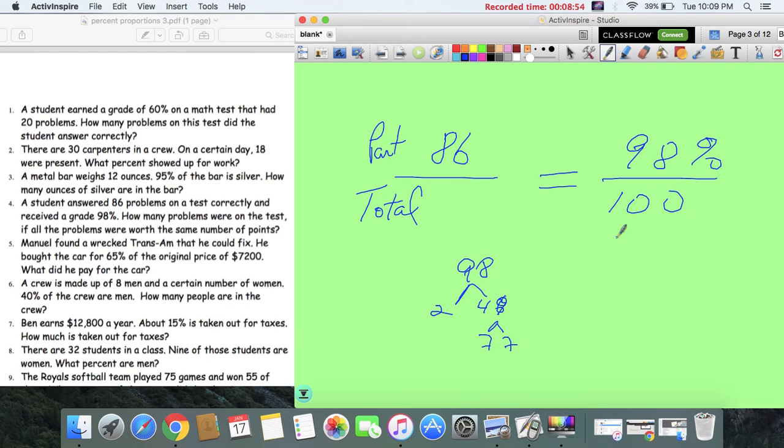What if I divide by 2, that's 49? Yikes. Okay, so I can understand your problems now. What if I do 14? That's not going to go into 86. It's either going to be 2 or 49, and no, that's not going to work.